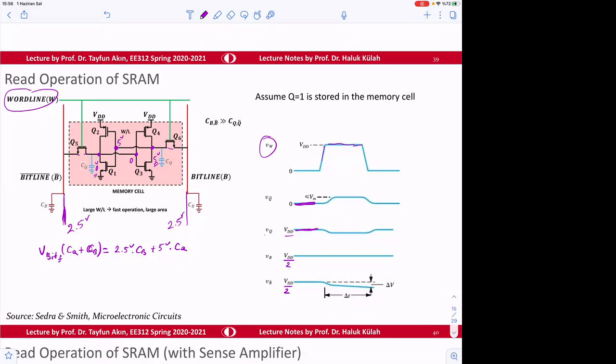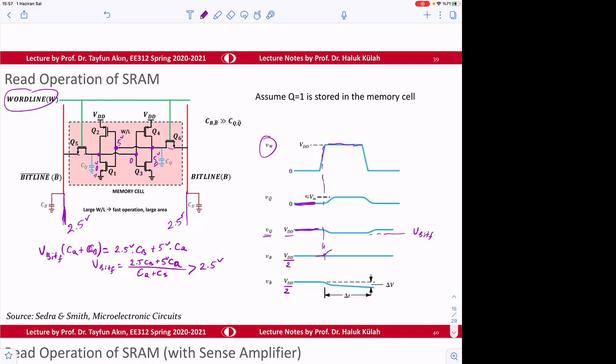So the voltage here, VQ, is not going to be 5 volt anymore; it will be V bit final. And what is that V bit final? V bit final is equal to (2.5 CB plus 5 times CQ) divided by (CQ plus CB). So it's going to be basically larger than 2.5 volt. So VB slightly increases after this turns on.